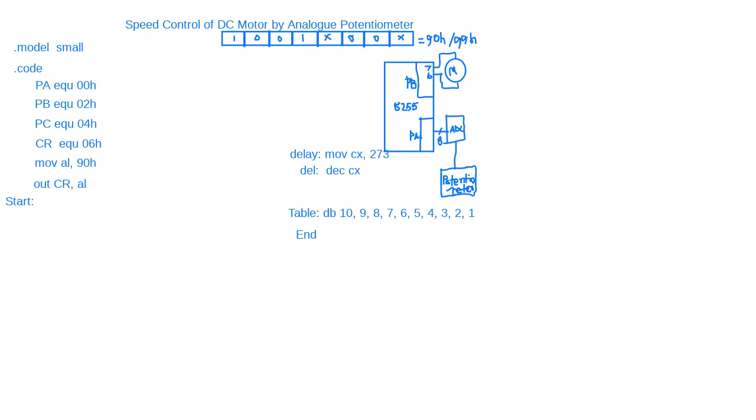Okay, so this is for 1 millisecond, but if we need more than that, like 10 millisecond, we need another loop outside of this loop. So we need a space for this one.